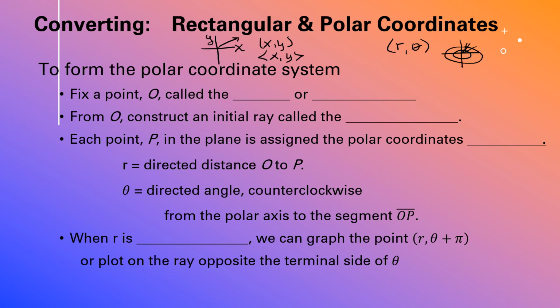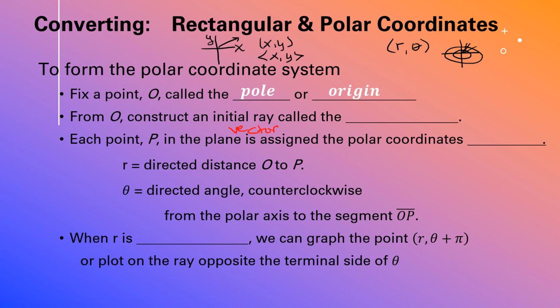All right, so we're first going to find a fixed point O, and that is going to be called the origin or the pole. And that's because we're at 0, 0. From that origin, we are going to construct an initial ray. Hold on, what do we call those things again? That's right, the initial ray is just like a vector.